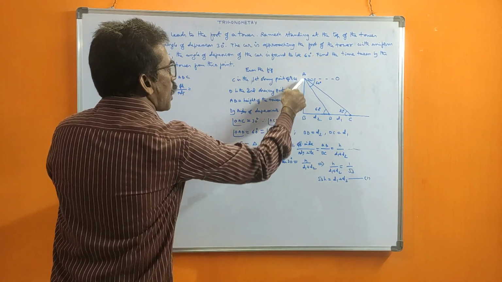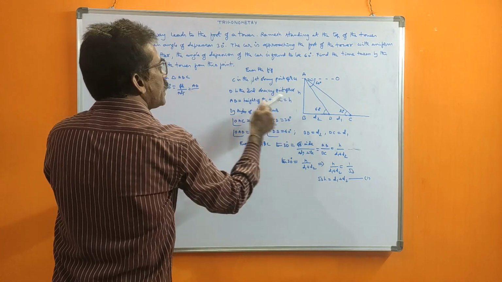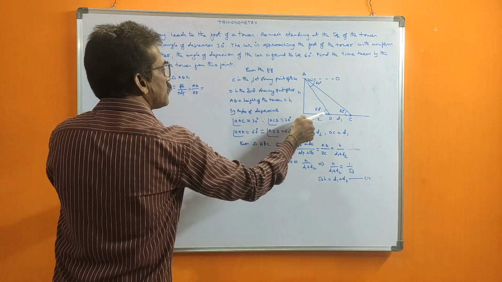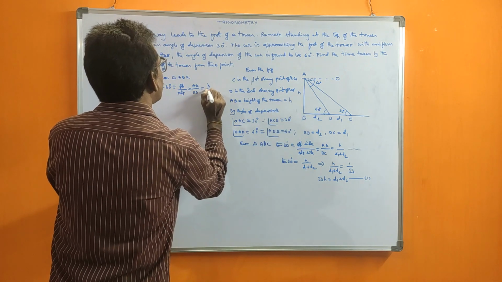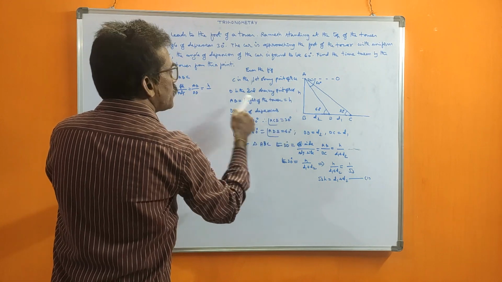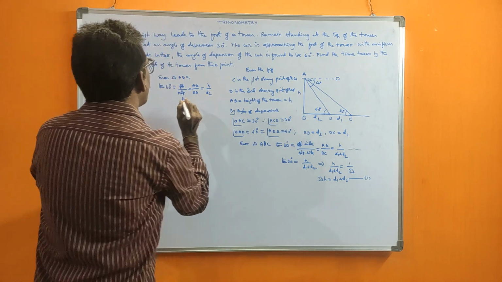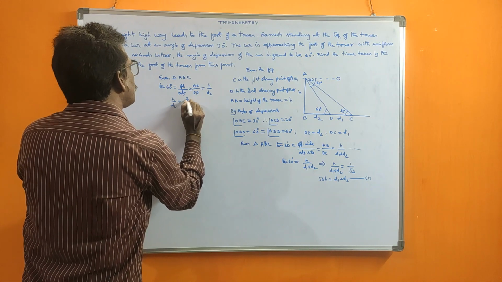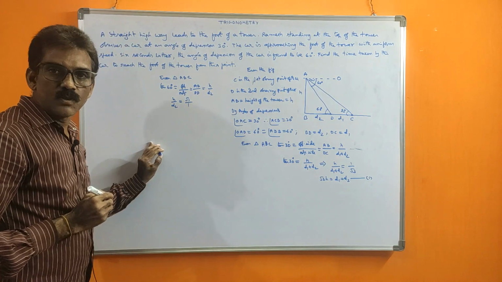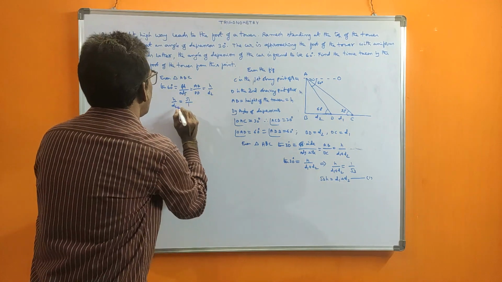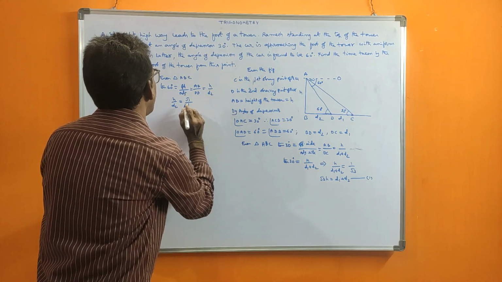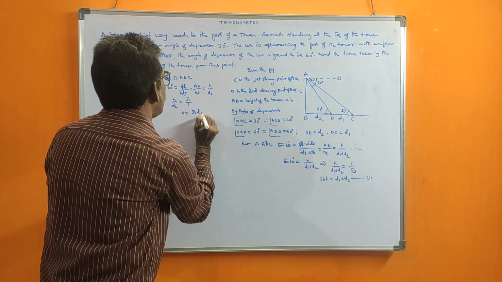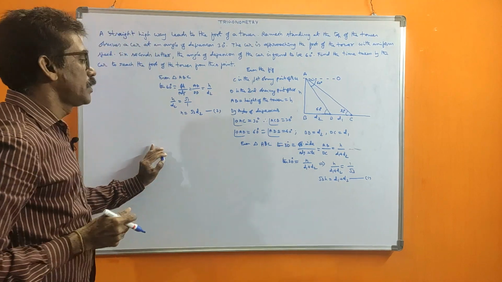The opposite side is AB, that is H, and the adjacent side is BD, that is D2. We know tan 60 is root 3, so H by D2 is root 3 by 1. Now H is equal to root 3 D2. This is equation 2.